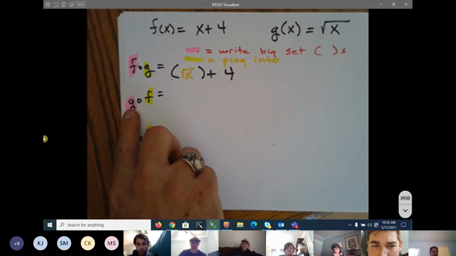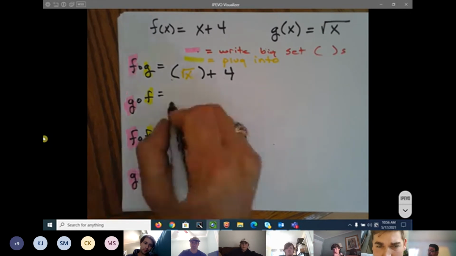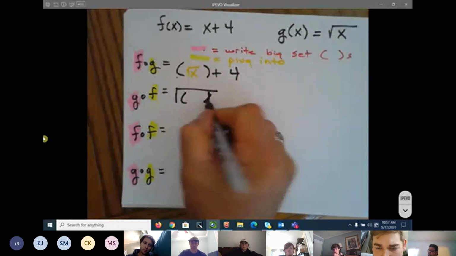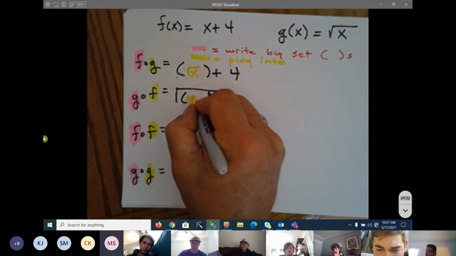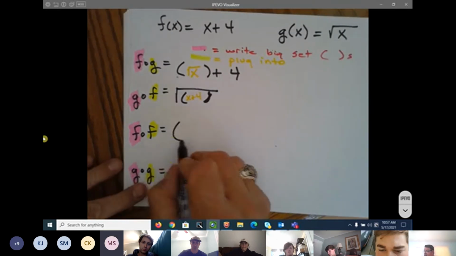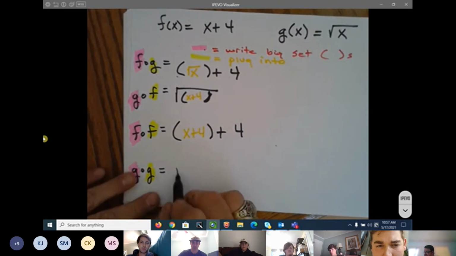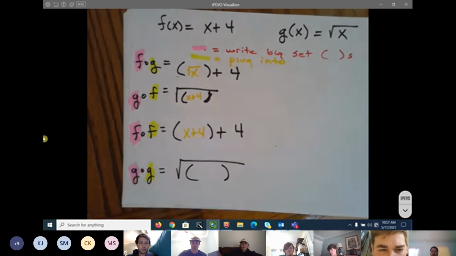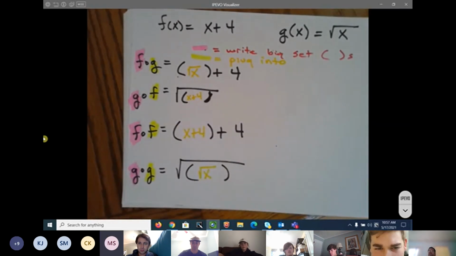I'm going to rewrite g with a big set of parentheses, and I'm going to plug in what? x plus 4. Okay. I'm going to rewrite f with a big set of parentheses, and I'm going to plug in what? f. I'm going to rewrite g with a big set of parentheses, and I'm going to plug in what? g. And that's called composition of functions.